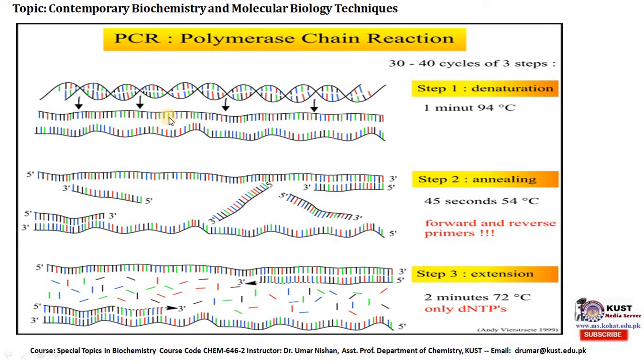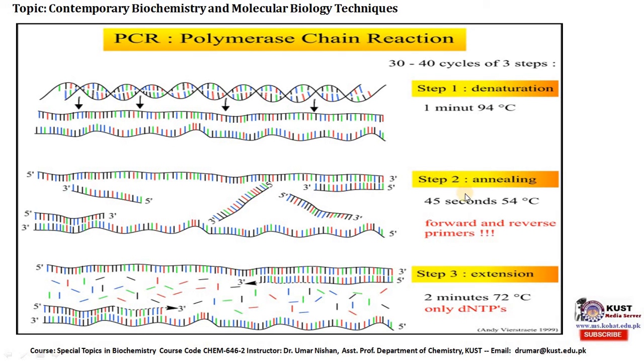One is the bonding between the nucleotides, from one nucleotide to another, and another type of bonding is the hydrogen bonding between the different bases. As you know, hydrogen bonding is relatively much weaker than the bonding between the nucleotides themselves. So the weaker bonds, that is the hydrogen bonding, is broken, and the two strands are separated from each other.